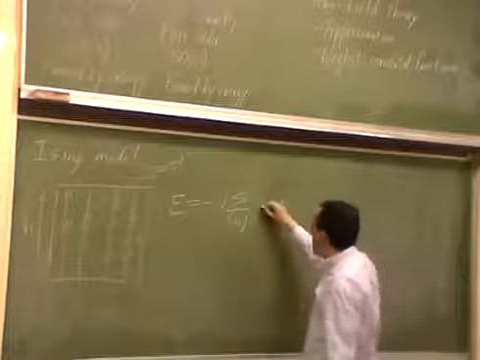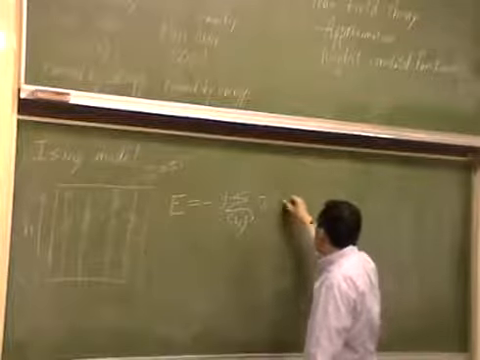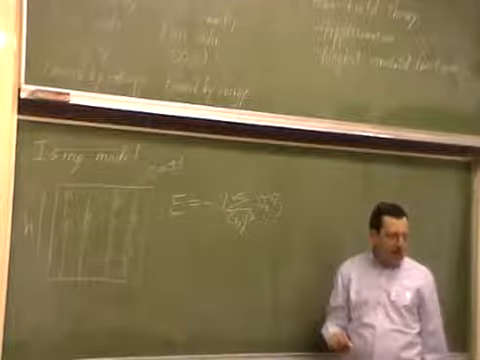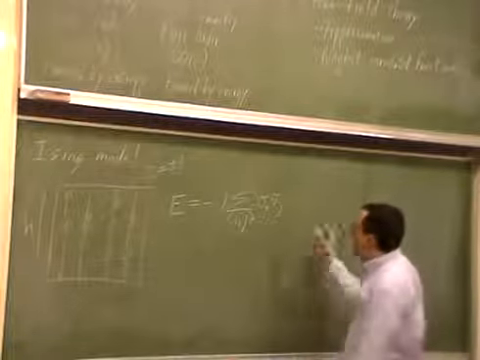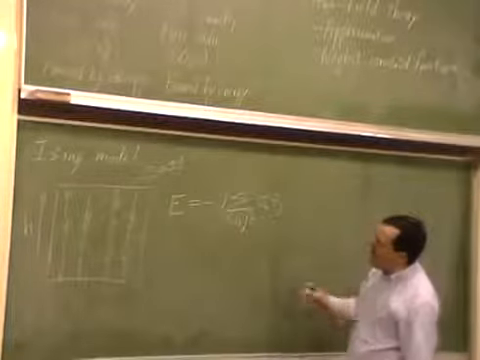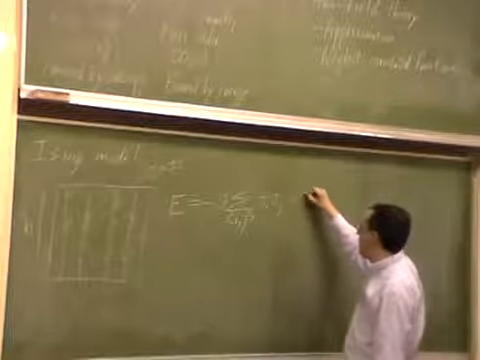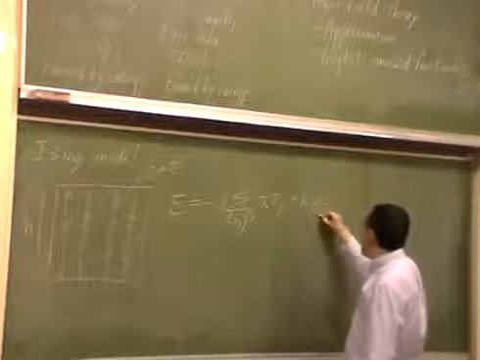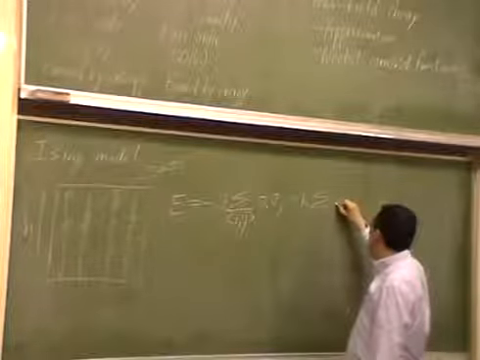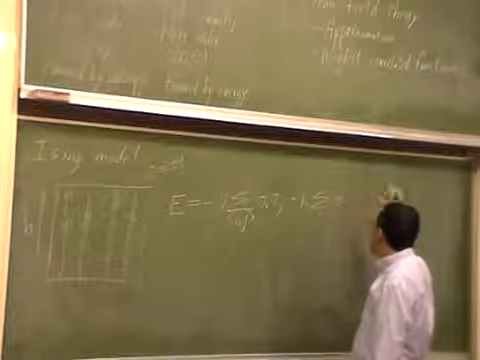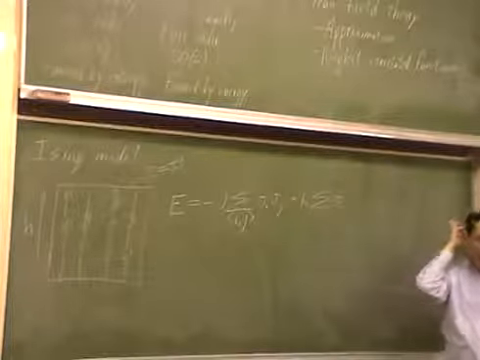Okay, so the sum over that of sigma_i sigma_j, okay, and then there's an interaction with the applied field, which looks like minus h times the sum over all these sites of sigma_i, okay?